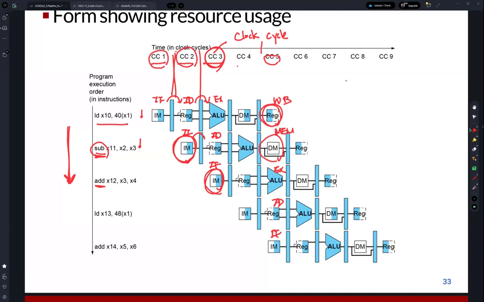So if we just focus on clock cycle number 5, we can observe 5 different instructions in the 5 different pipeline stages.